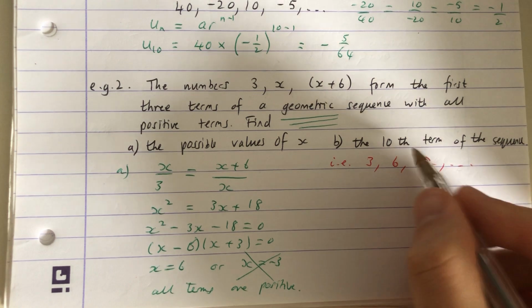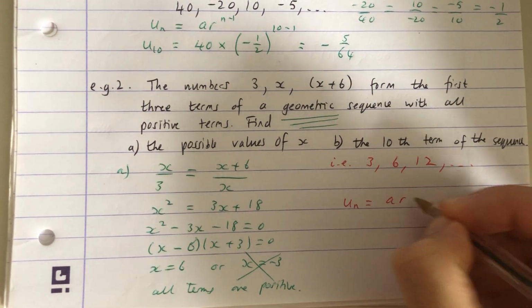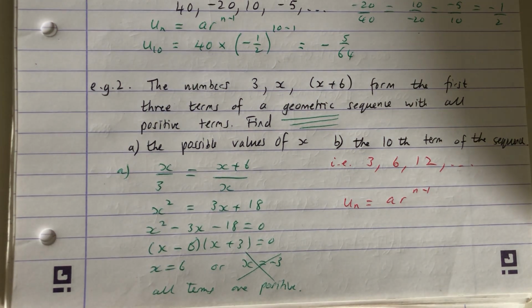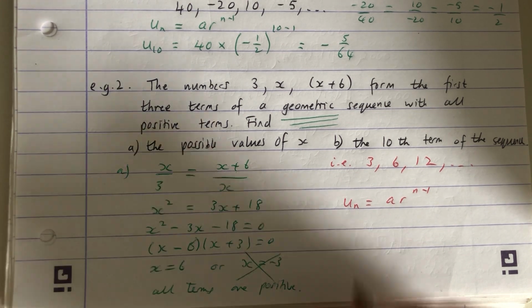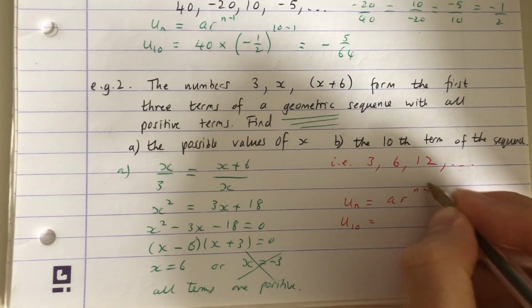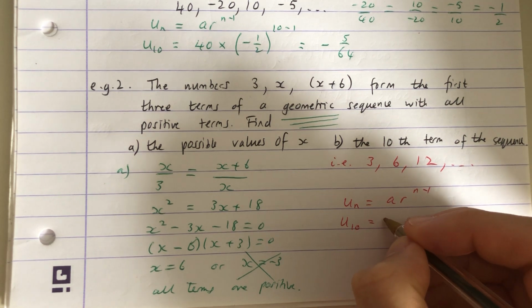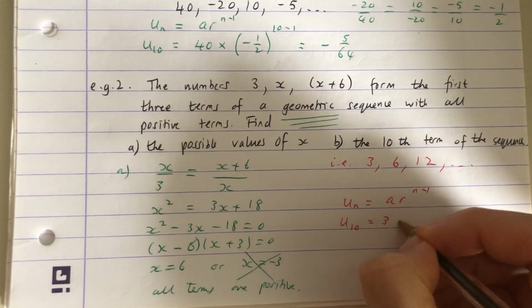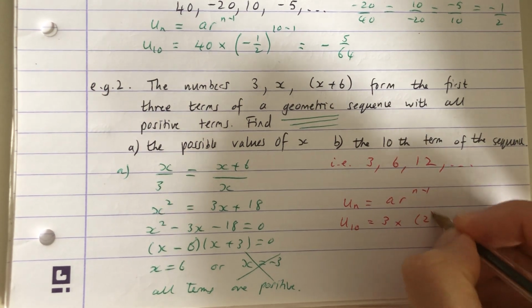Now you have to find the 10th term, so un equals a r to the n minus 1. It's really important to write this formula down for every single question, because that's one way to remember it, because it's not going to be given to you in the formula booklet. And the annoying thing is it's an n minus 1 rather than n, so definitely write it down. a is the first term, which is 3, times the common ratio, which is 2.